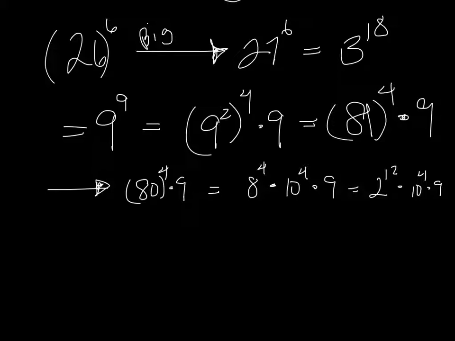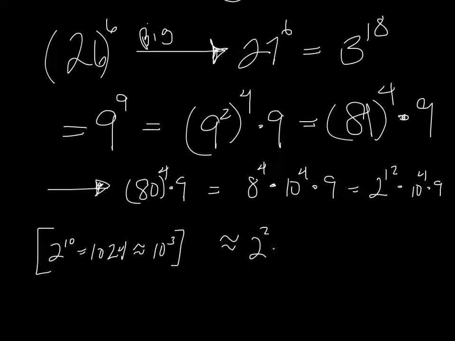Another thing to have memorized is that 2 to the 10th equals 1024, which is about 10 to the 3rd. So this whole thing right here is about 2 squared. I'm going to bring the 9 over. Times 9 times 10 to the 3rd times 10 to the 4th.